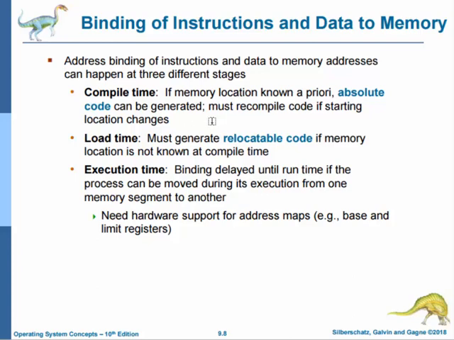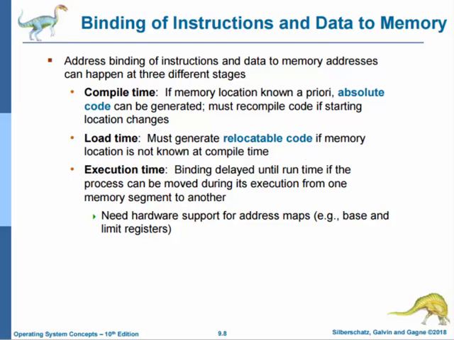For example, if you know that a user process will reside starting at location A, then the generated compiler code will start at that location and extend up from there. If at some later time the starting location changes, then it will be necessary to recompile this code. So it happens during the compile time.